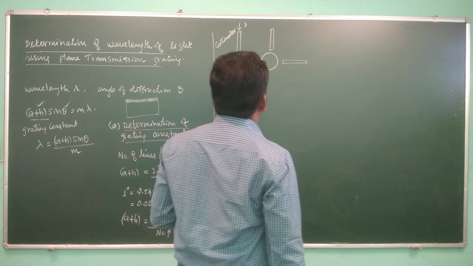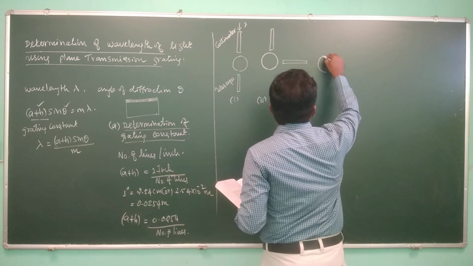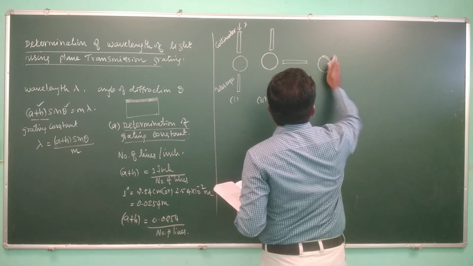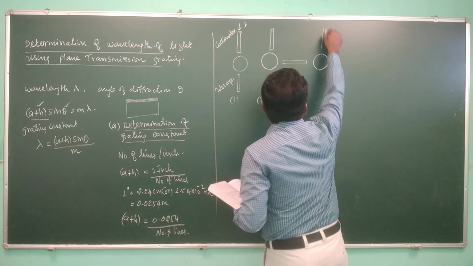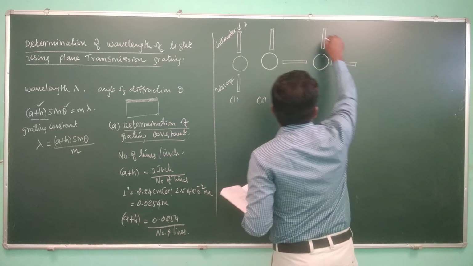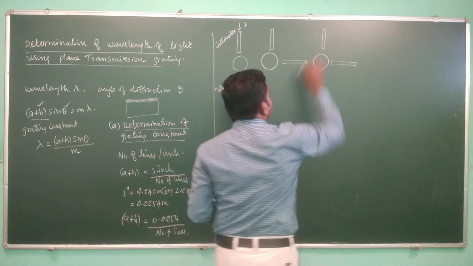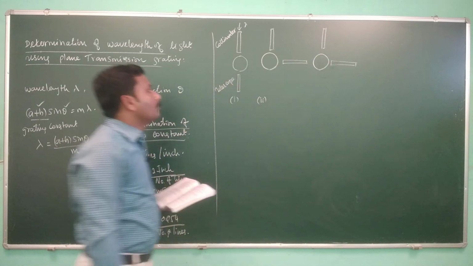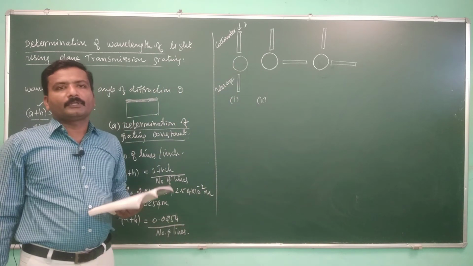And step 3, you place the grating here. So this is the collimator, this is the telescope.